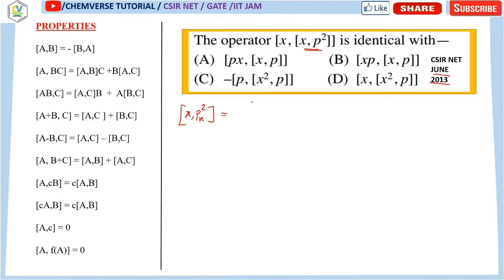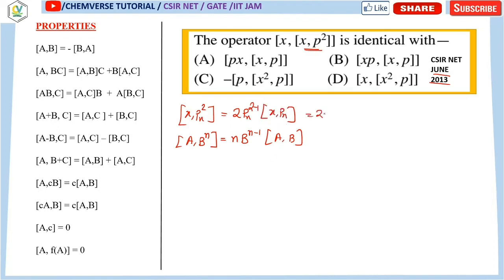If any power is there, I have already discussed it in my previous lecture. If the commutator of a and b to the power n is there, I can write it in the form of n times b to the power n minus 1 times the commutator of a and b. So likewise it is 2 into px to the power 2 minus 1 times the commutator of x and px.